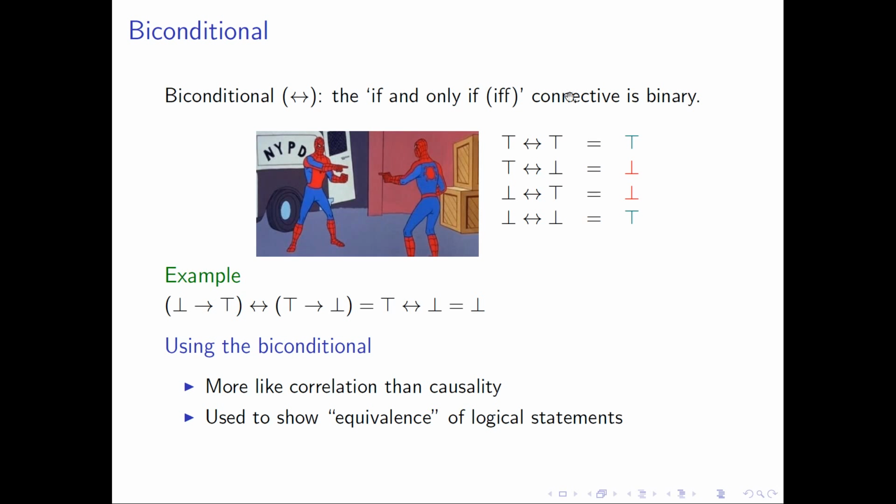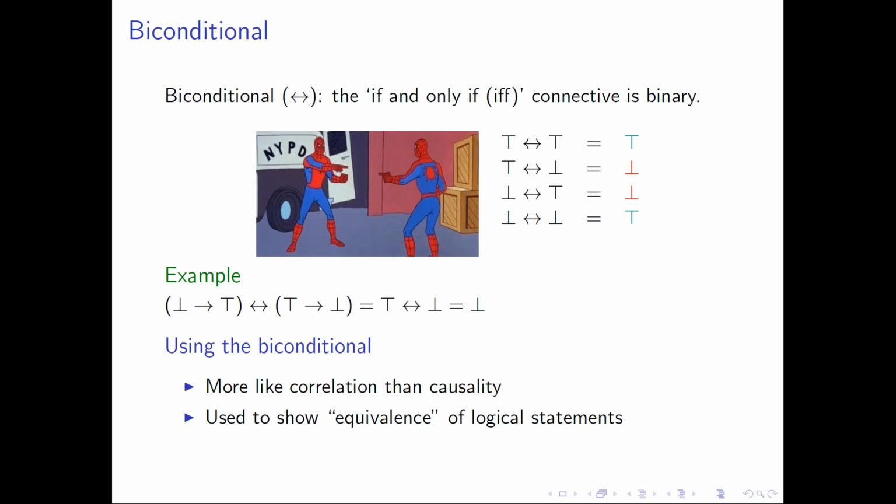It is just defined by what happens in the input and what output you get. This is what we mean by the biconditional. Something that is important about the biconditional is it can be used to show the equivalence of logical statements. So it's saying that the thing on the left hand side is logically equivalent to the thing on the right hand side when this biconditional is true. So that's where it's mainly used.